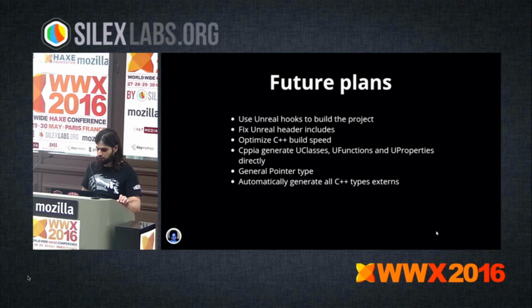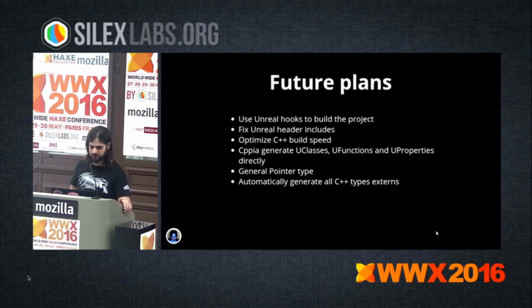Also, for now, we only generate the types that are available for blueprints. You can still declare your own externals very easily, as I talked about, but we are looking for ways to automatically generate everything.